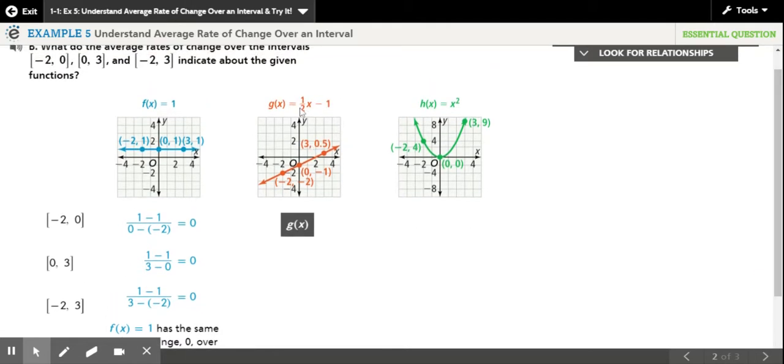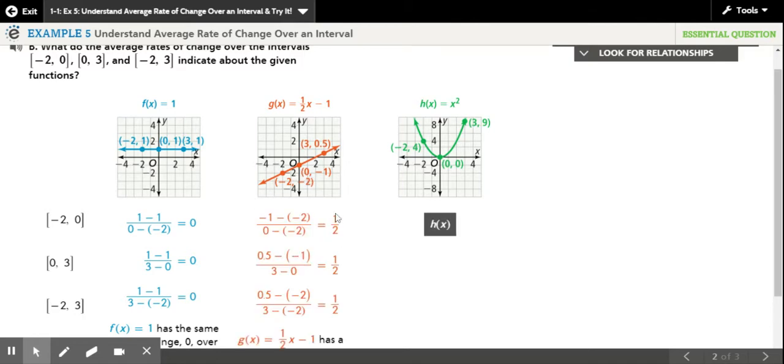Let's look at g of x. This is g of x is equal to 1/2 x minus 1. It's a line, okay, but it has a slope to it. So from -2 to 0, you've got change in y over change in x, and the slope is 1/2.